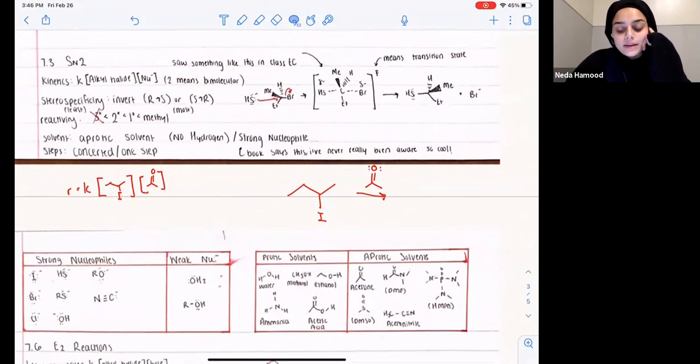In the book, it mentions nucleophiles and strong nucleophiles as being important for Sn2 reactions, but I'm like, oh my gosh, my computer's going to die.